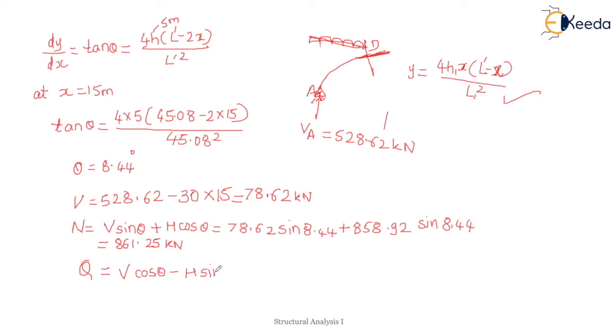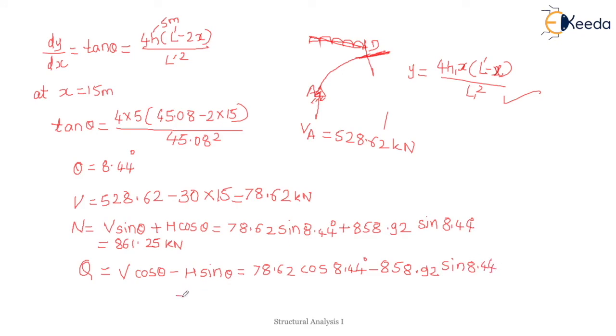So the V value again we will substitute, 78.62, cos of 8.44 degree, minus 858.92 sine of 8.44.